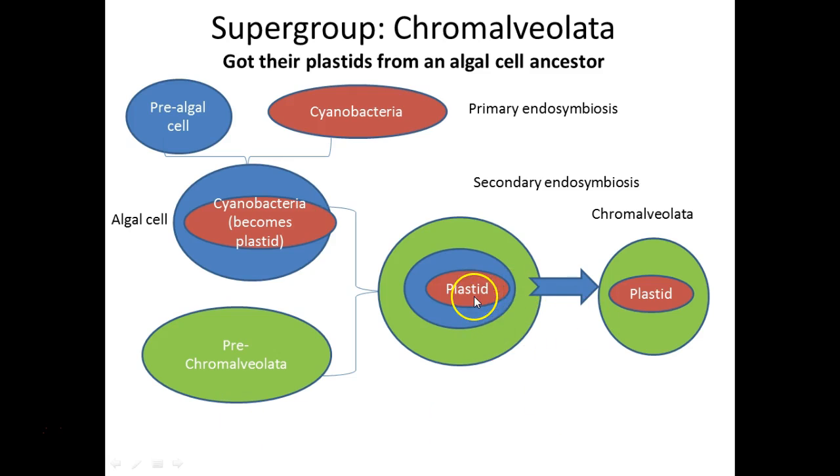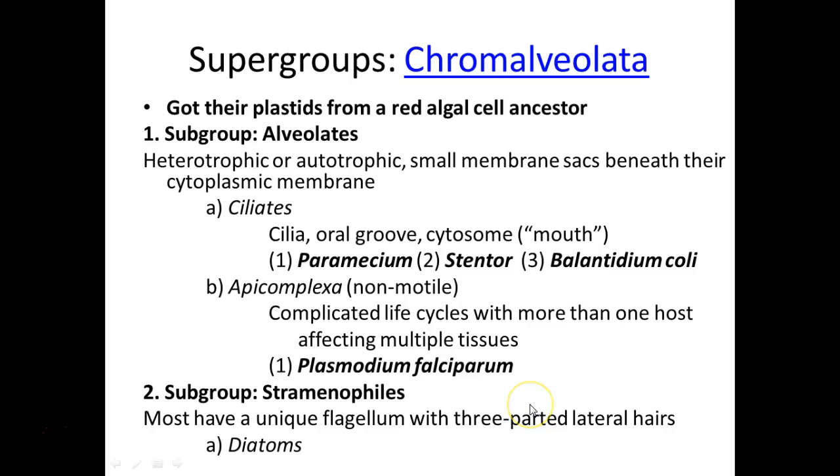So their chloroplast, or sometimes referred to as the plastid, is the result of two levels of endosymbiosis that happened. Still with me? So that's the first event, right? And then it got engulfed again. And it's the modern day chloroplast you see in some of these cells, or plastid.